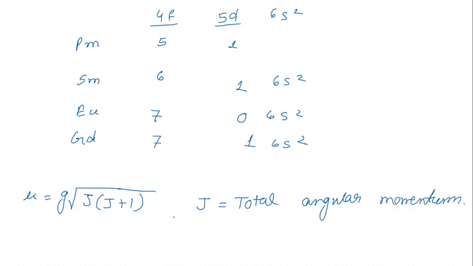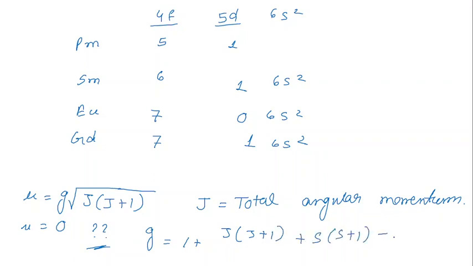Now we have to calculate where mu equals 0. This is our question. Now we have to know the value of G. G equals 1 plus J(J plus 1).